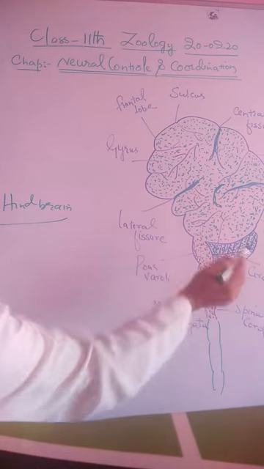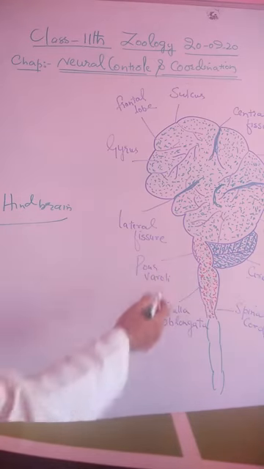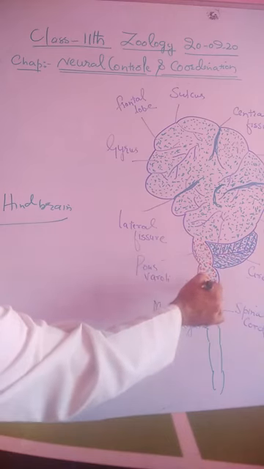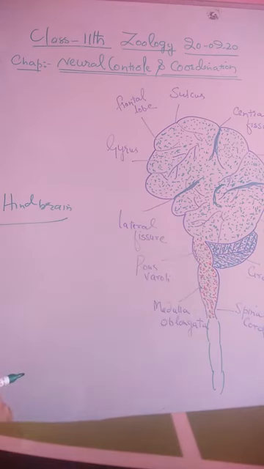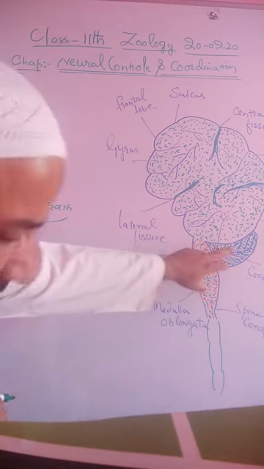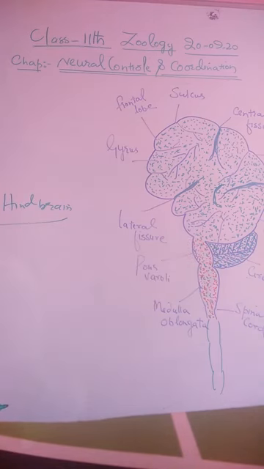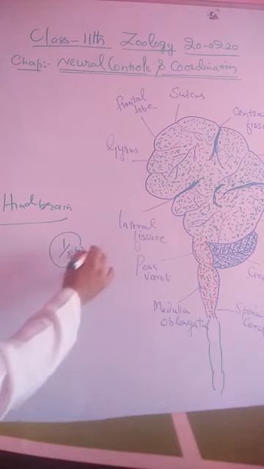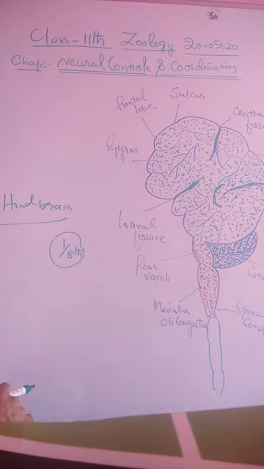This is cerebellum. These are the parts of the hindbrain: cerebellum, pons varolii, and medulla oblongata. Cerebellum is also called the little brain. It forms about 1/8 of the total brain mass.